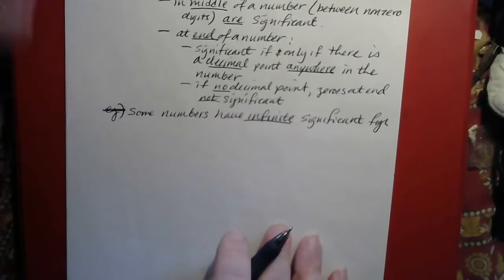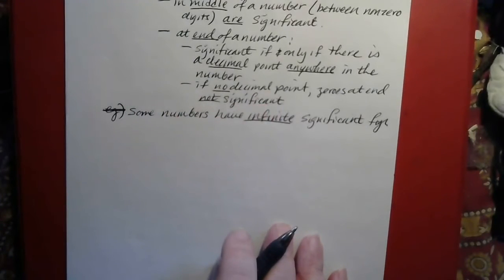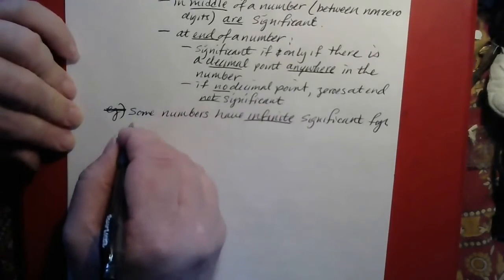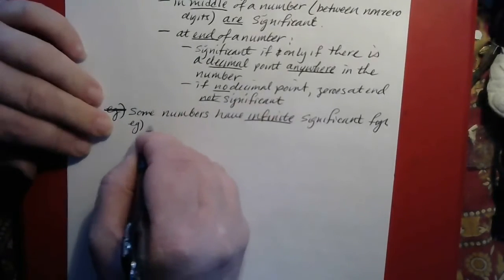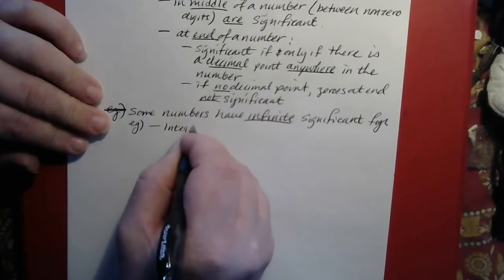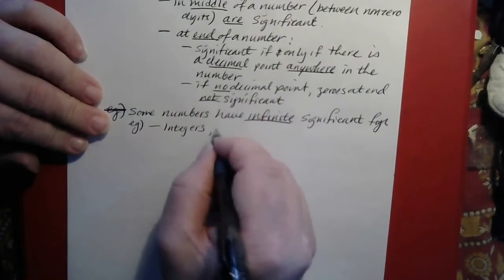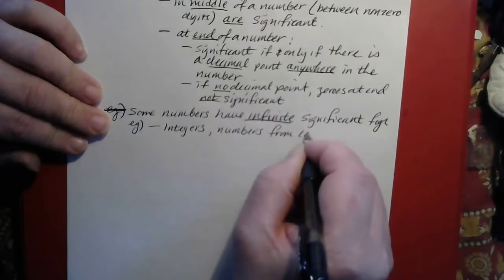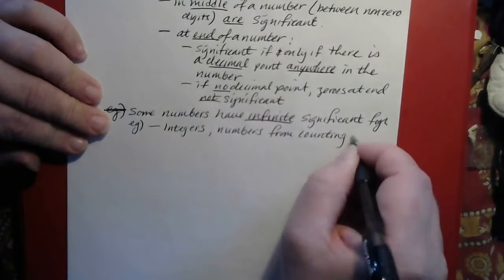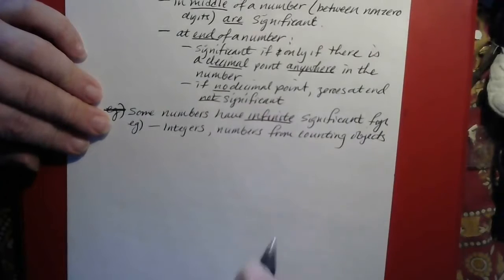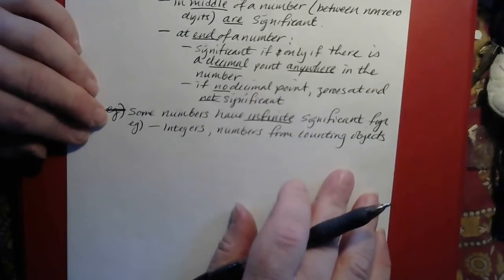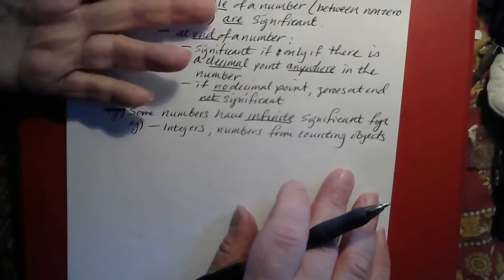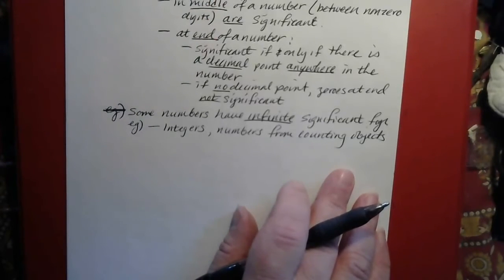Before I go on to examples, some numbers actually have infinite significant figures. That is, they're known with infinite accuracy. Things like that would include integers, numbers from counting objects. Like if you say you've got 3 pencils on the desk, that would be considered exactly 3.000 on to infinity.